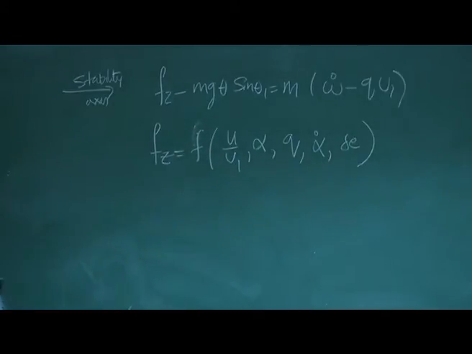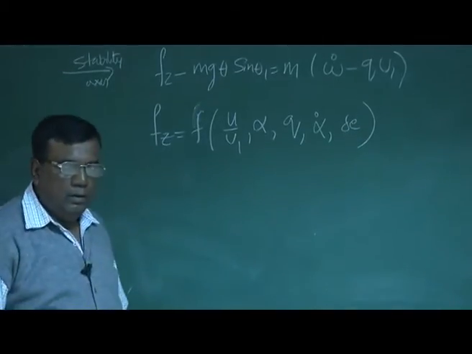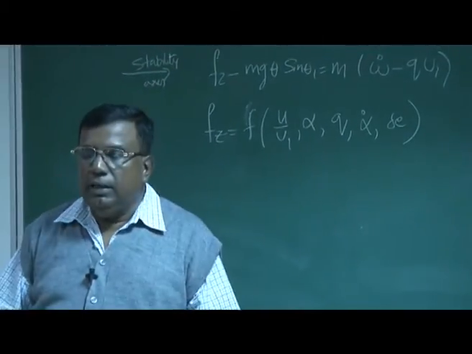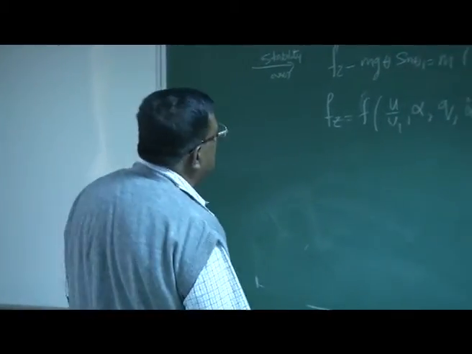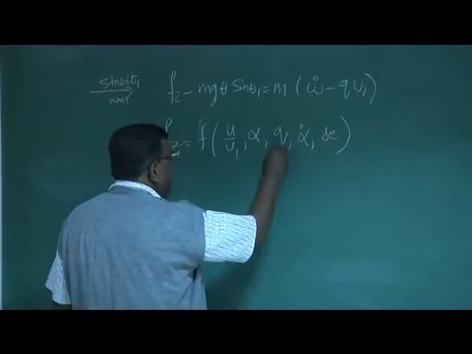You might have seen in Fx modeling, we haven't put q and we haven't put alpha dot. Theoretically, they should be there, but they are so small that we have neglected them, right? For Fz, we need to know why there should be a q.